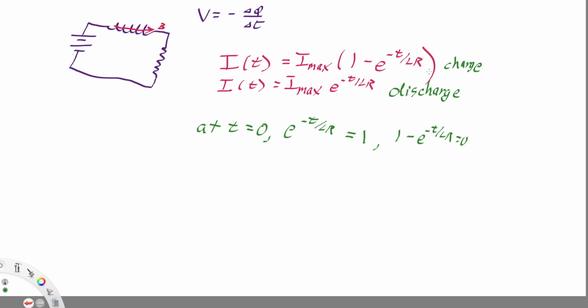So we have the 1 minus because basically that's what it takes to replicate the behavior we see. Does that make sense? All right.